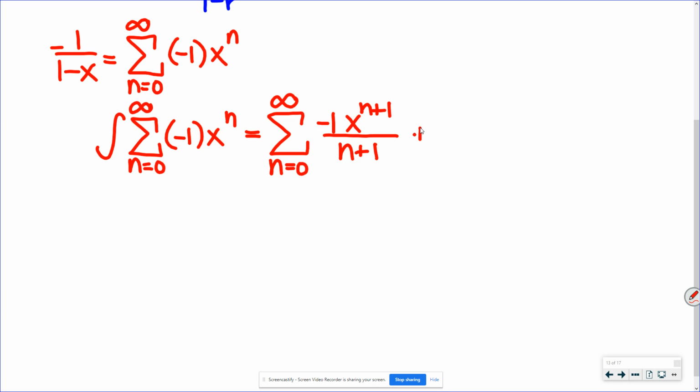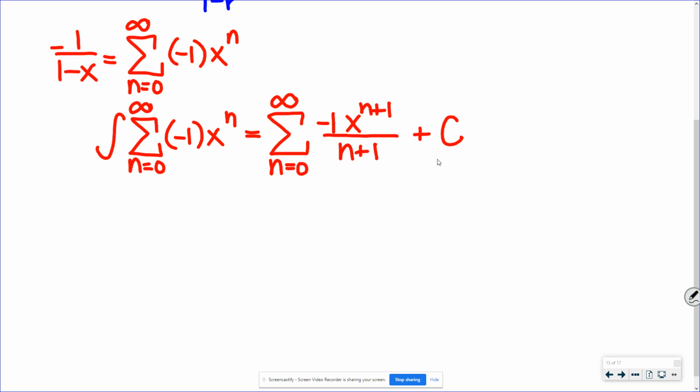And what do we always put at the end of an antiderivative? Plus c, okay? Now in this one, we do have to find the value of c. Here's how we'll do that.